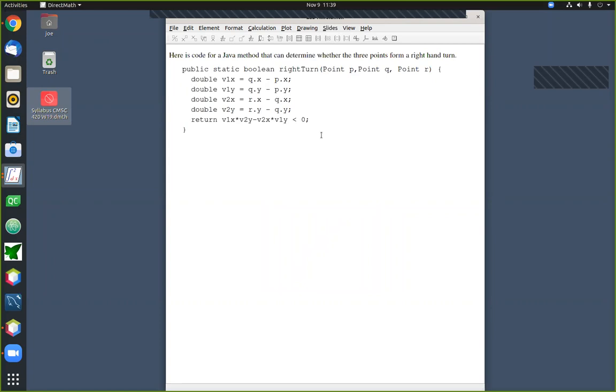Again, I won't describe in any detail exactly how this logic actually works, because that's a little bit complicated. It would take us a little bit too far afield from what we're doing. So I'm just going to straight up give you the code to answer this question, with the guarantee that this will always answer the question correctly for any group of 3 points that we're working with. This will allow you to distinguish whether the turn as you pass Q is a right-hand turn or a left-hand turn.